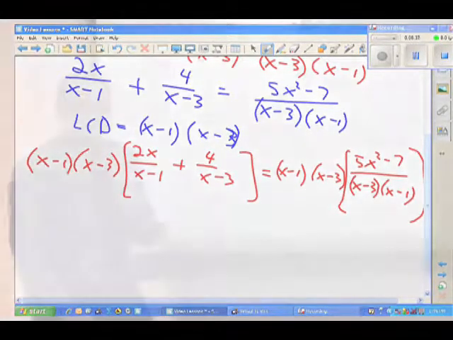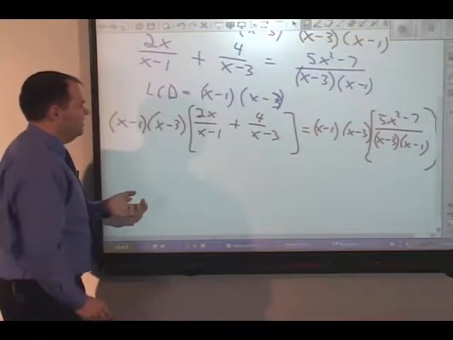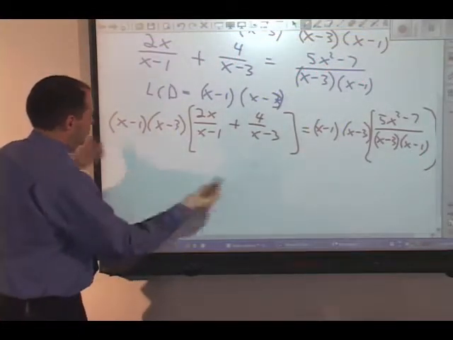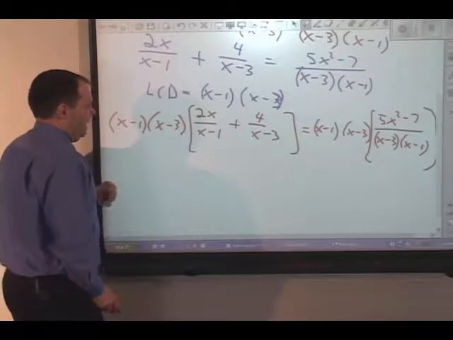Yes, there's a lot of writing involved, and you need to be very careful because it is quite easy to make a mistake with such a large amount of algebra happening.